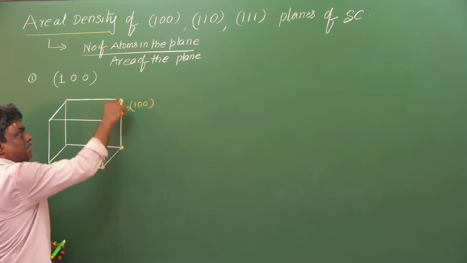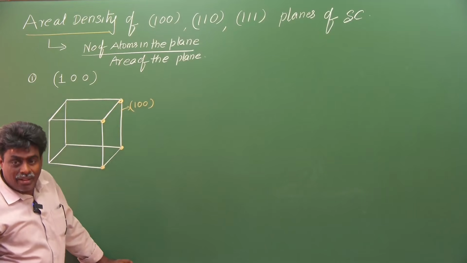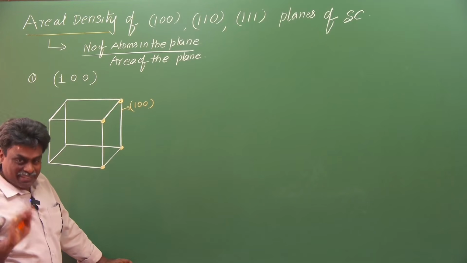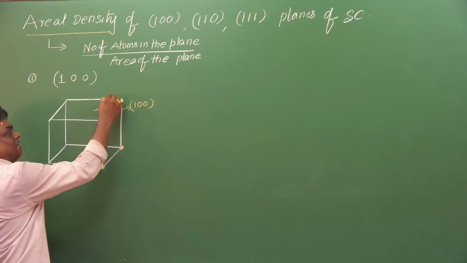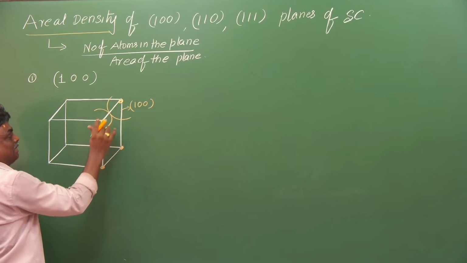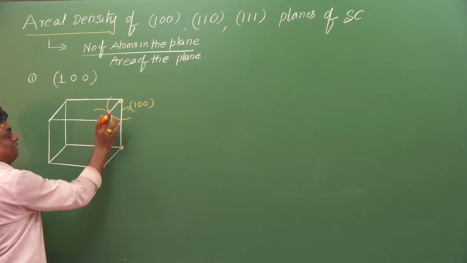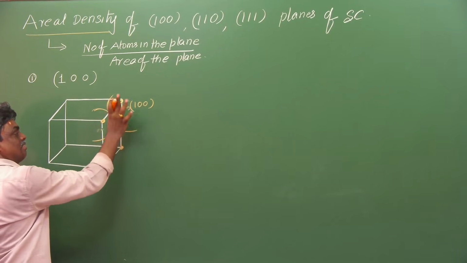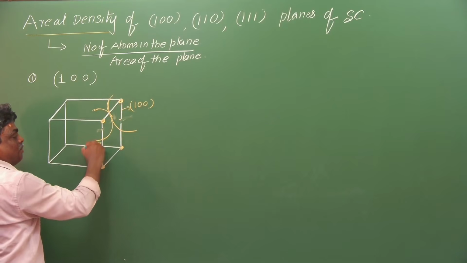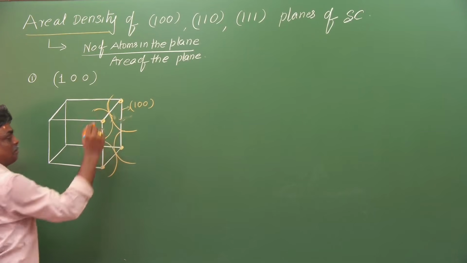In this plane, how many are there? So in this plane we have one atom here, one atom here. Oh, a little bigger we have to take. And one more atom here and one more atom here.